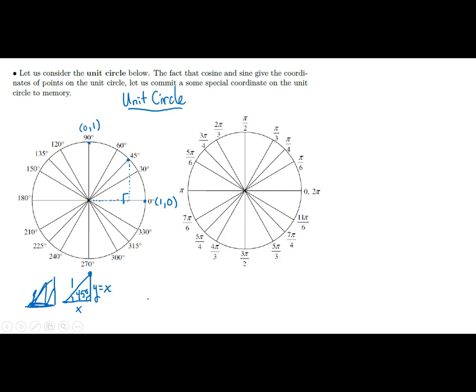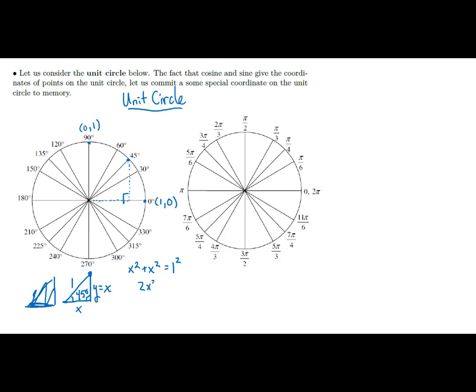When you make a 90-degree angle, a right triangle always follows the Pythagorean theorem. What that means, if you recall, is that the two shorter sides, when you square them and add them together, equal the square of the hypotenuse. So I can say that x squared plus x squared is equal to 1 squared.